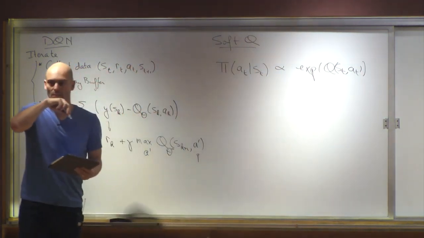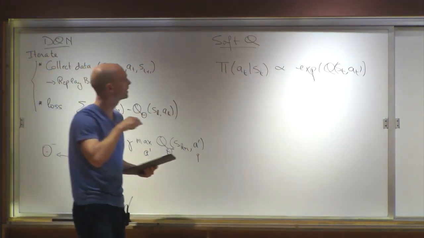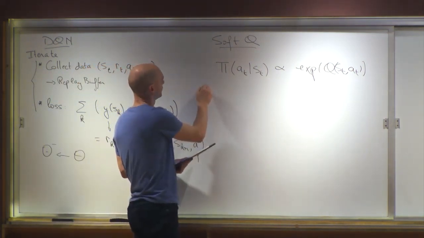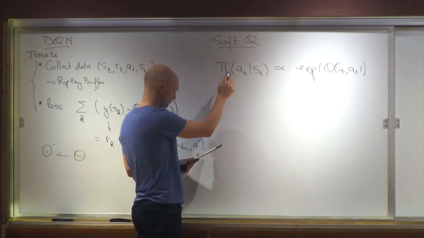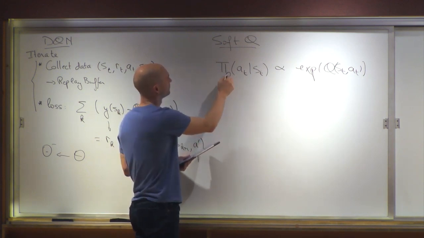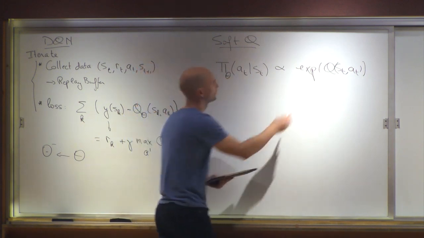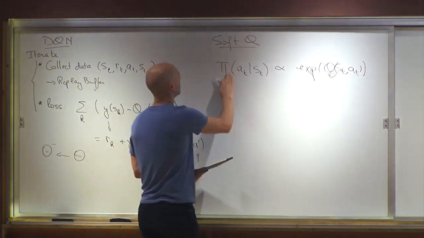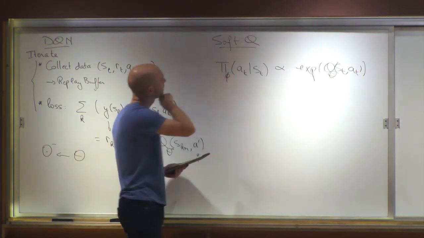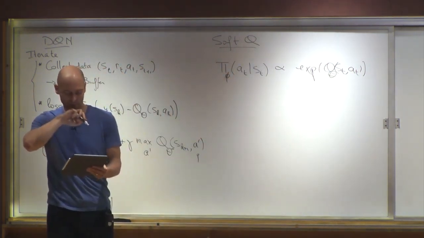Now, how do we find that policy? We can actually run gradient descent on this objective. So we'll have a parameterized policy. Our Q function uses theta, so we'll use phi for the policy: parameterized policy pi phi.